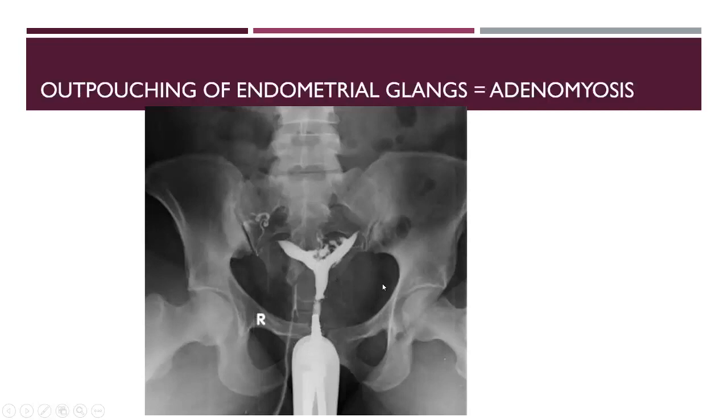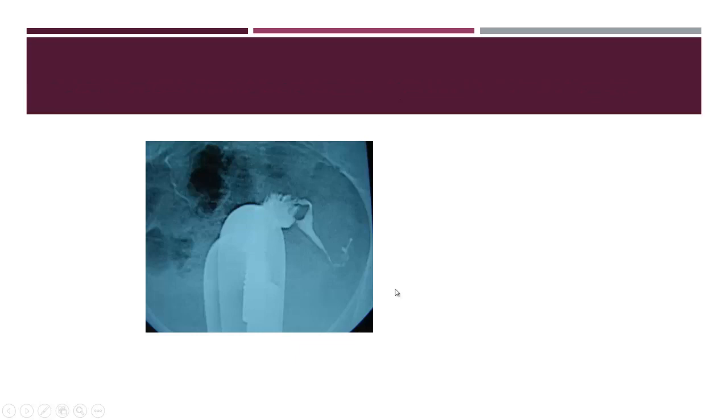This is adenomyosis, outpouching of the endometrial glands, and there is increased intercornual distance, as if it is a duplicated uterine cavity. But sometimes, if there is extrinsic indentation on the fundus of the uterus, it may mimic a duplicated uterine cavity.